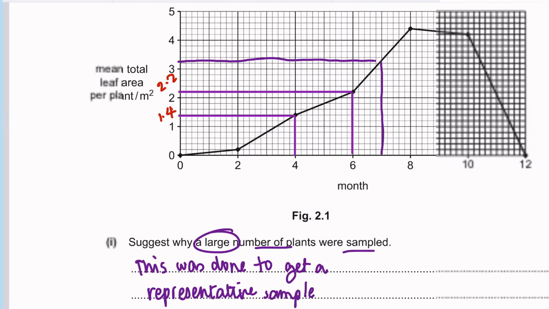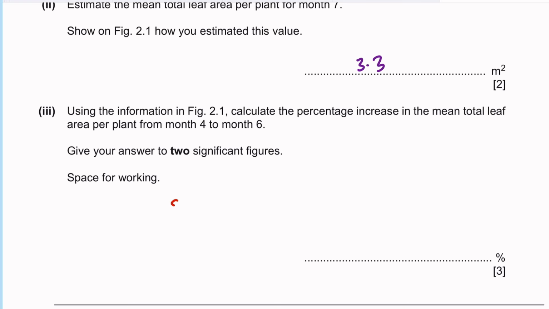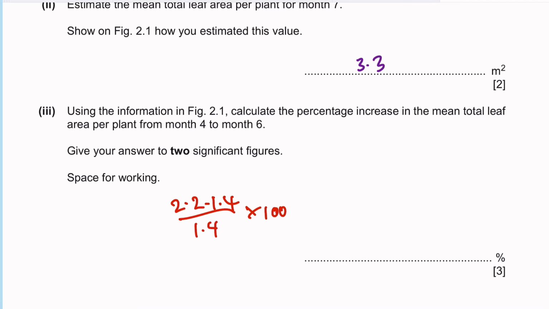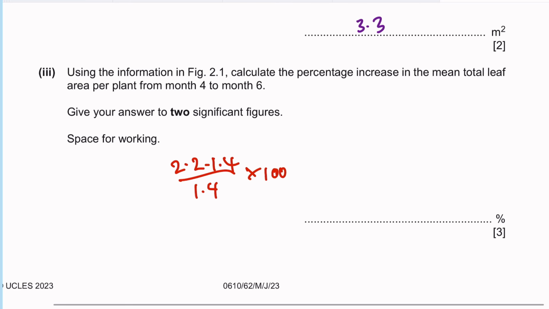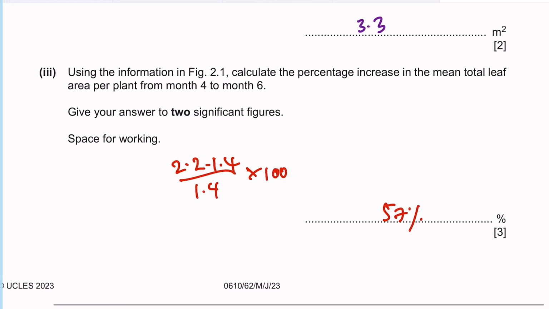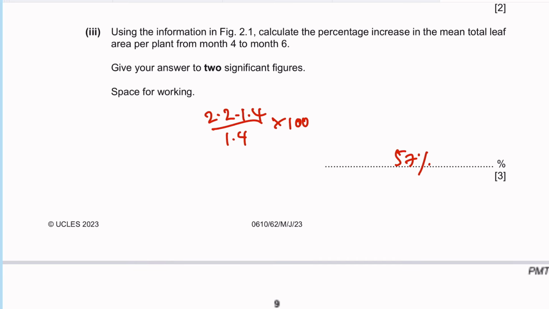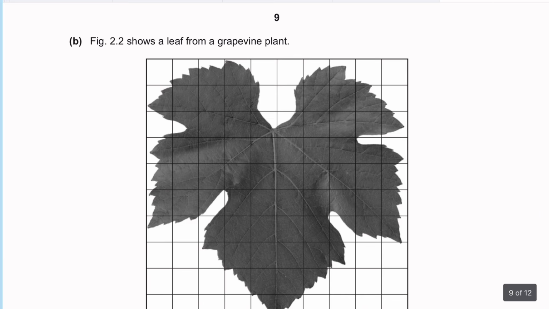So the difference is basically 2.2 minus 1.4 divided by 1.4 times 100. This should approximately give you 57%. Let me just check that. Yeah, 57% to 2 significant figures.